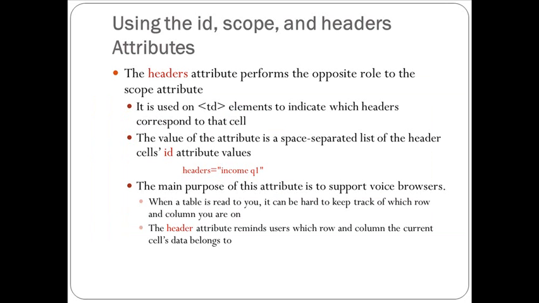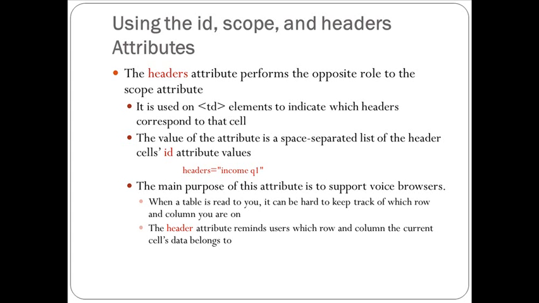The headers attribute performs the opposite role of the scope attribute. It is used on the TD elements, as opposed to the TH, to indicate which headers correspond to that cell. The value of the attribute is a space-separated list of the header cells' ID attribute values.